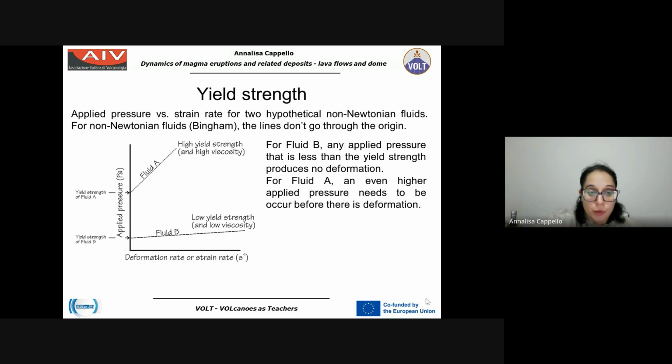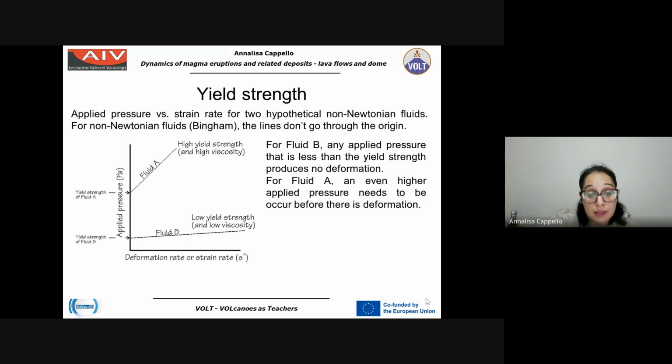As you can see from the graph, the lines don't start from the origin, so they don't start from zero. The values of the intercepts define the yield strength.